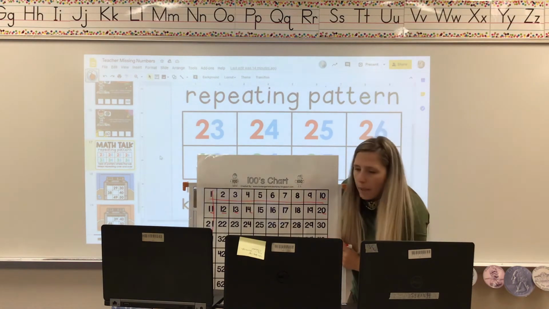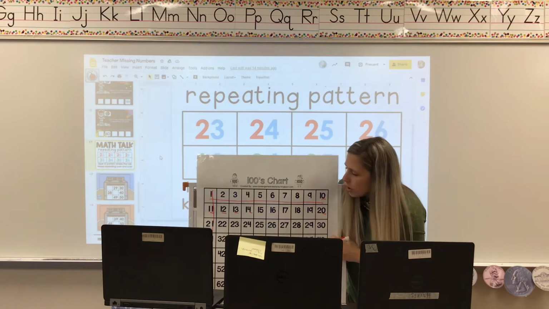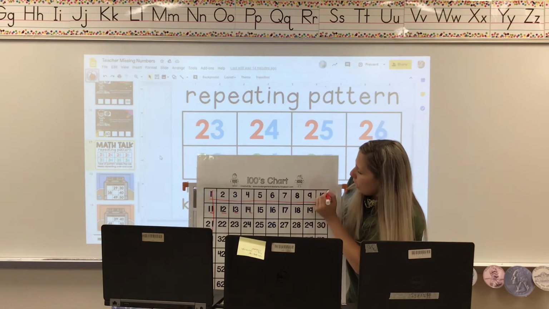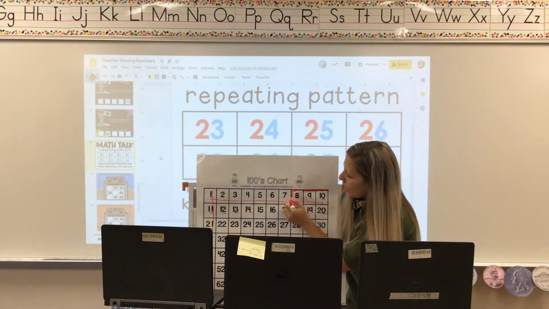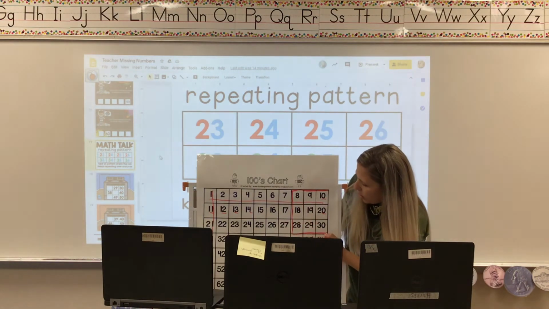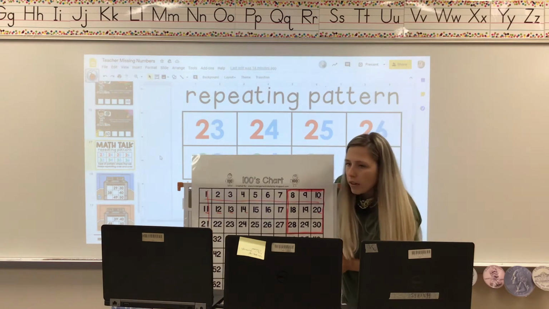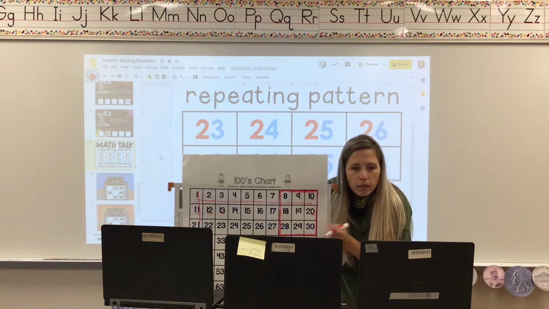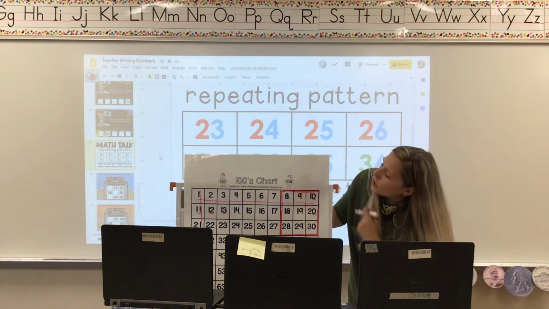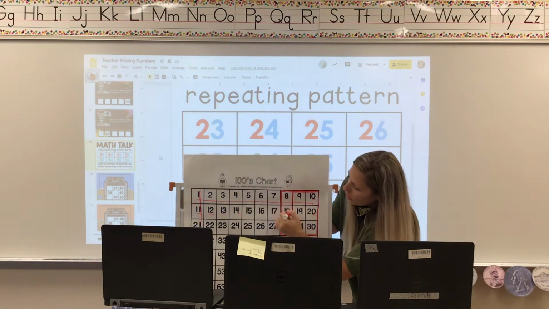When we're looking at patterns on a hundreds chart, if I take my pen and color over this little square right here, everybody see that red square that I just made? All of the numbers in this column have the pattern of ending with 8.